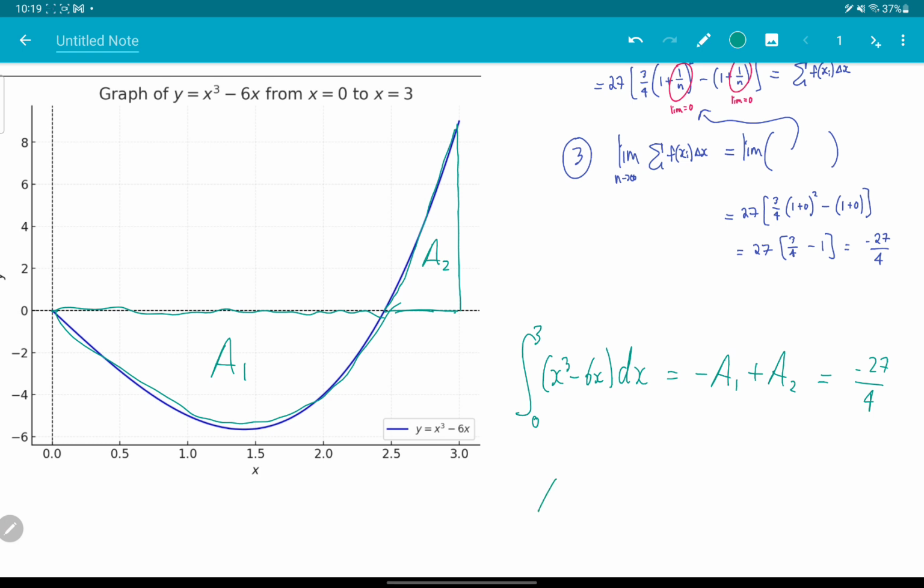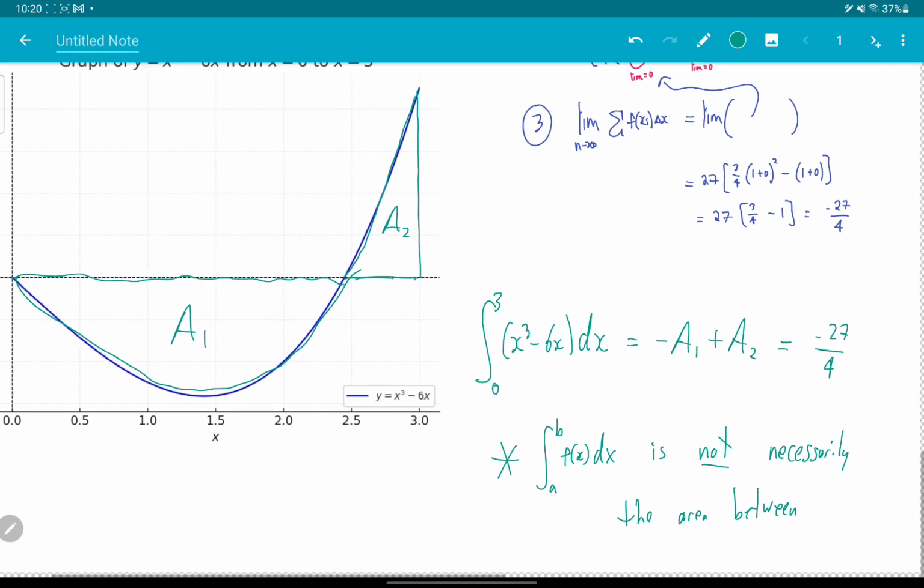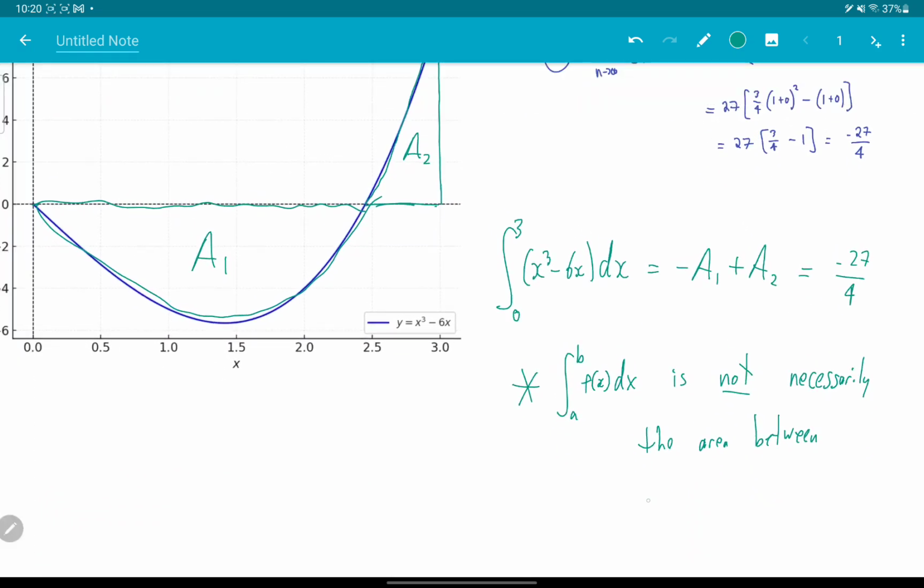So, to emphasize, this integral is not necessarily the area between f of x and the x-axis on the interval a, b.